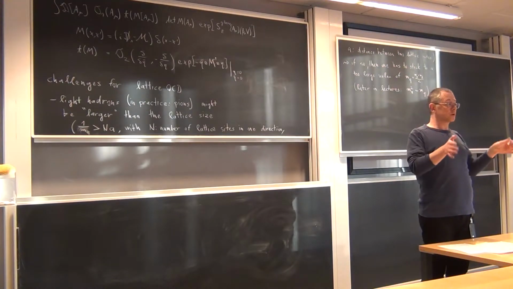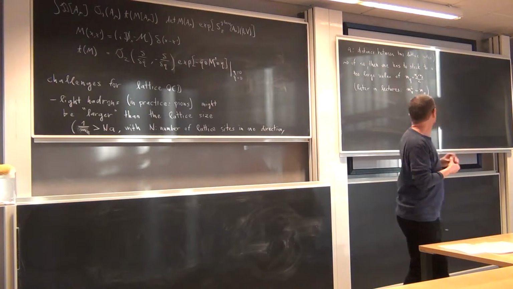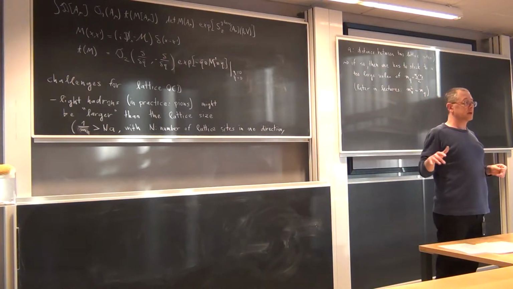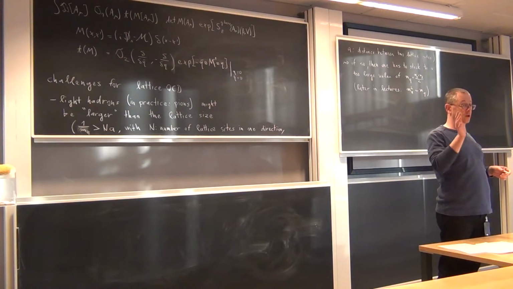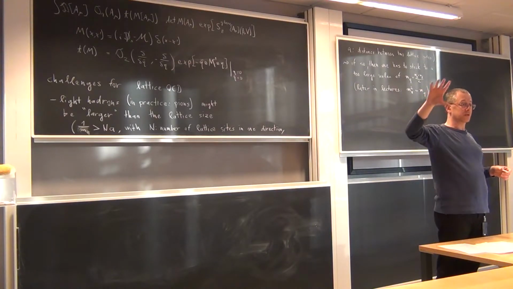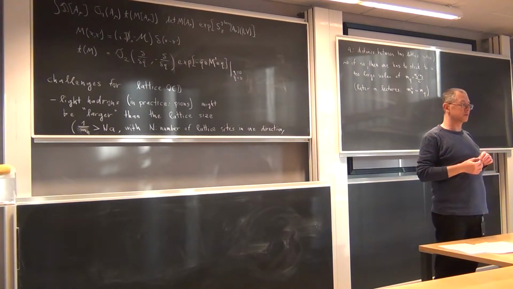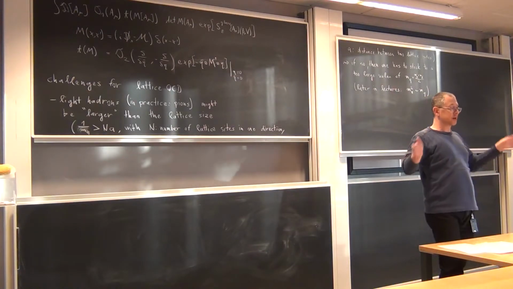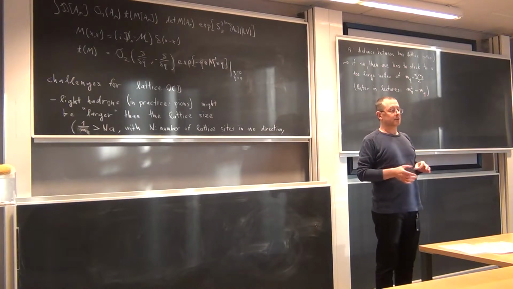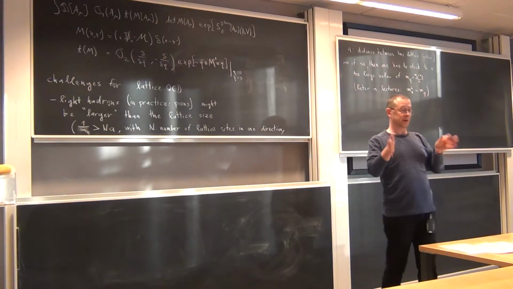Then I try to go to larger and larger lattices and to smaller and smaller quark masses, and try to figure out how my observables behave when I change the quark mass. So this is where I come from large quark masses and try to go to smaller and smaller ones by going to larger lattices such that it's allowed to go to smaller quark masses. This is the numerical aspect.